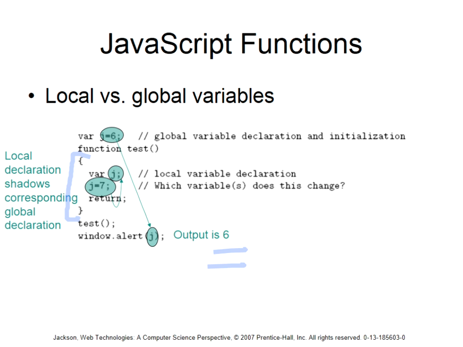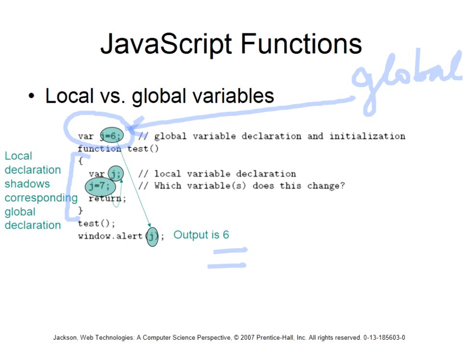So keep in mind that when we write variable g equals 6 in the program, this variable is global variable, and this variable is local variable. So what is the difference?